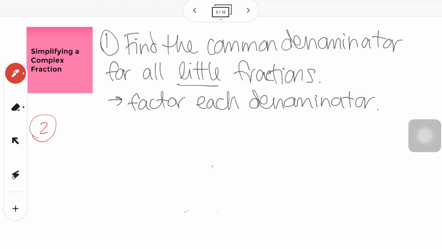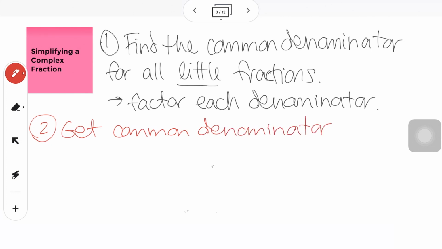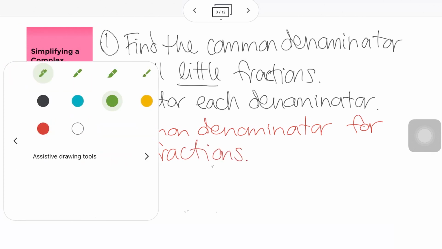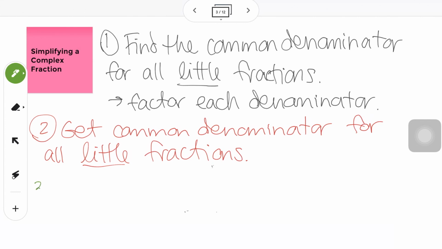Once you've found the common denominator, you are going to get that common denominator for all your little fractions. So multiply by whatever each one is missing. This is going to make more sense once we have time to go through it.